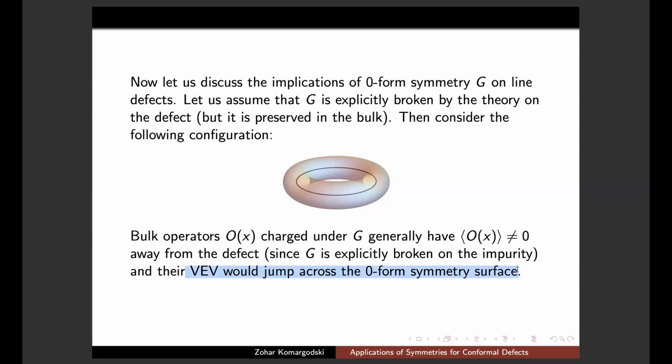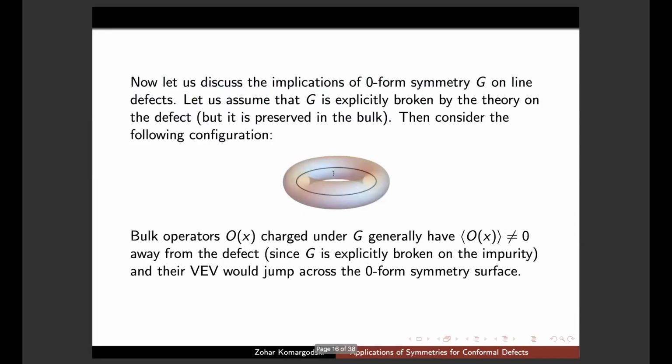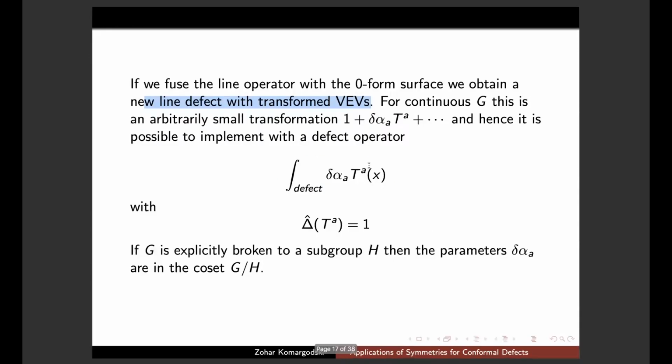This shows that if we fuse the line operator with the zero-form symmetry surface, we must obtain a new line defect where the vacuum expectation values of various operators are transformed. Because we see that the presence of the surface changes VEVs, the fusion must create a new line operator. So you can think about this construction as creating an effective new line operator.